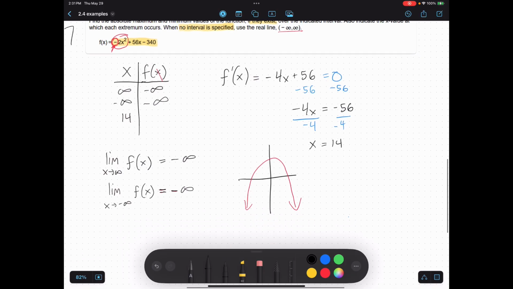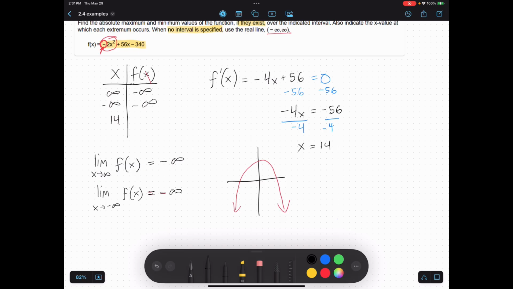So what does that already tell me about this function? Since I'm going down to infinity in both directions, there is no absolute minimum. But because it's a parabola, I should have an absolute maximum. Where is that absolute maximum occurring? At your critical point.